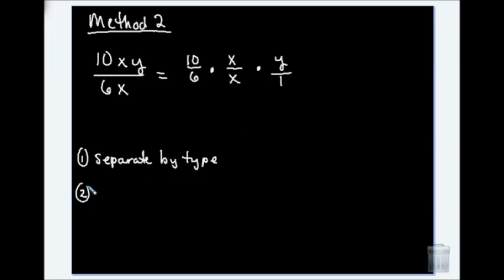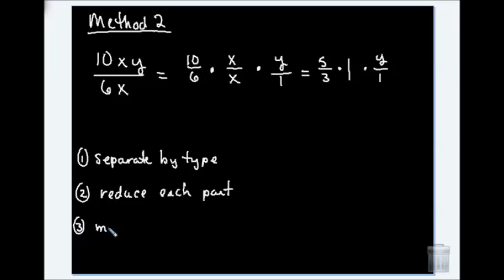And then you reduce each part. So 10 over 6 will both divide by 2. X divided by x is 1. And then that y is just by itself. And then you multiply them back together.